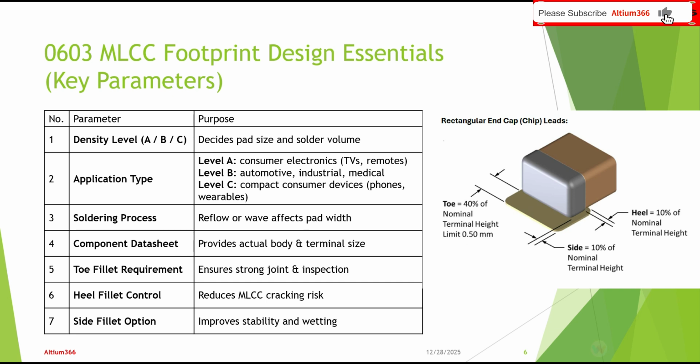Heel fillet reduces the MLCC cracking risk, so make sure your footprint fulfills the recommended heel fillet. Heel fillet is controlled to avoid excessive solder under the component. What happens if you have excessive solder? It can bring a crack on your MLCC terminal. To avoid that, you should follow the recommended heel fillet.